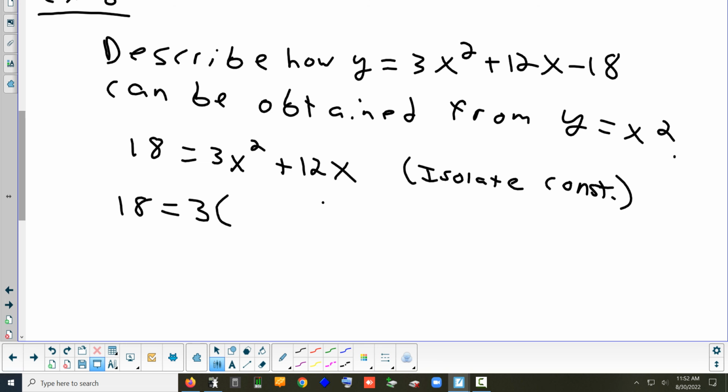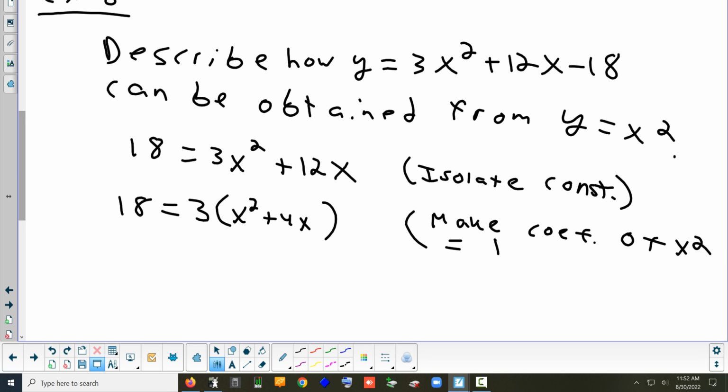What do I get when I factor the 3 out on the right? X squared plus 4x. So this step is make the coefficient of x squared equal to 1.